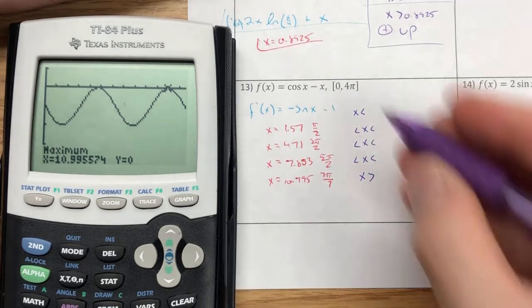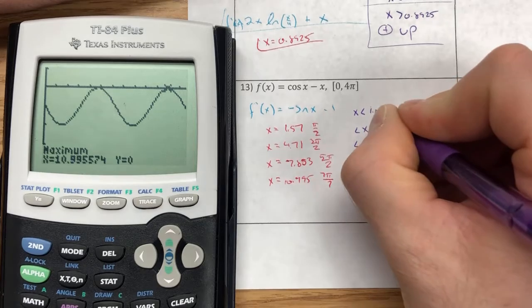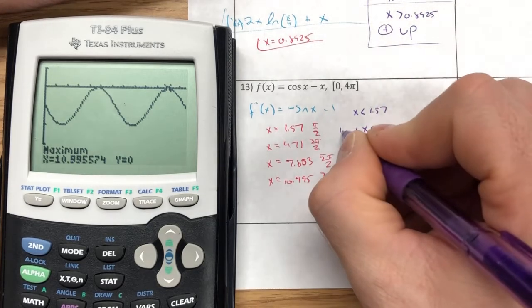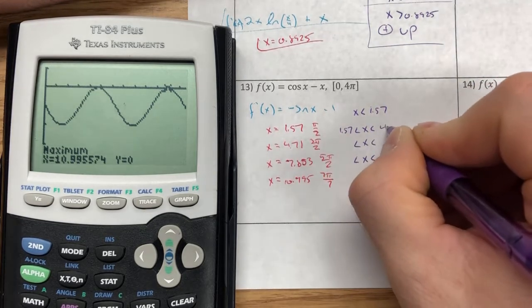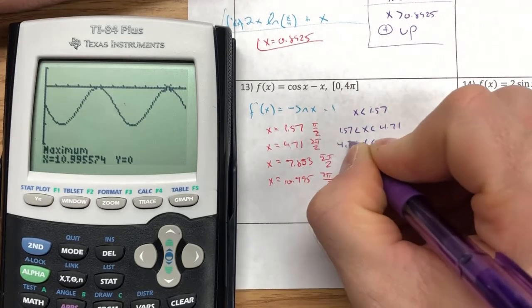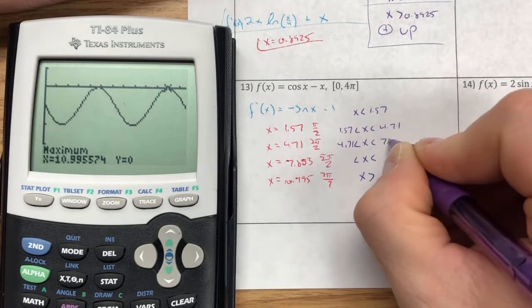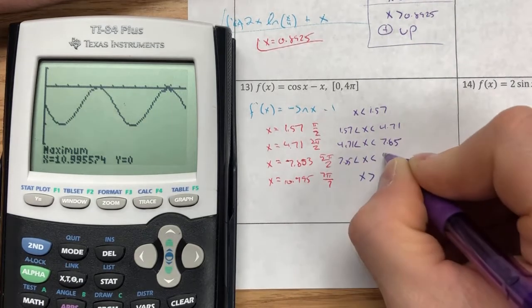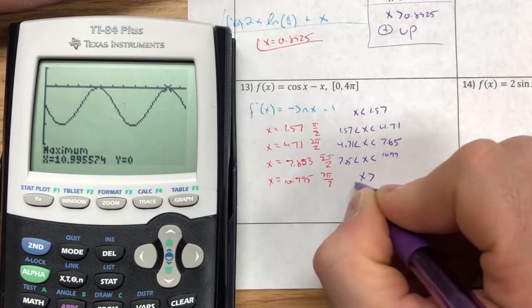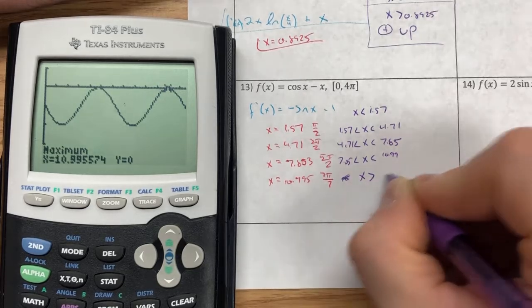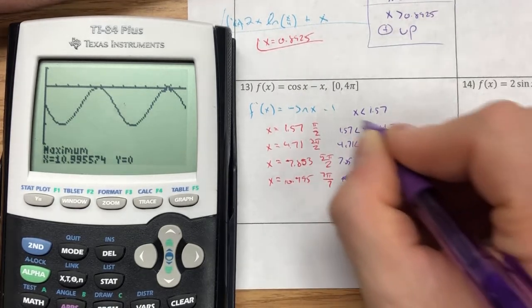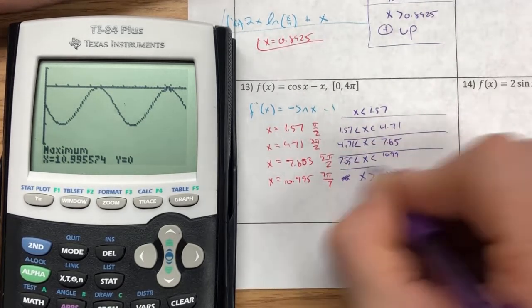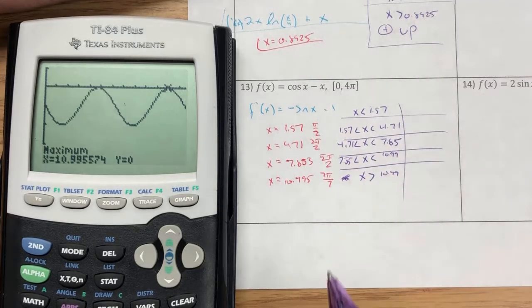Perfect. So when x is less than 1.57, when it's between 1.57 and 4.71, 4.71 and 7.853, 7.853 and 10.995, or when x is bigger than 10.99. We're going to check out the points of concavity simply by looking at the slope.